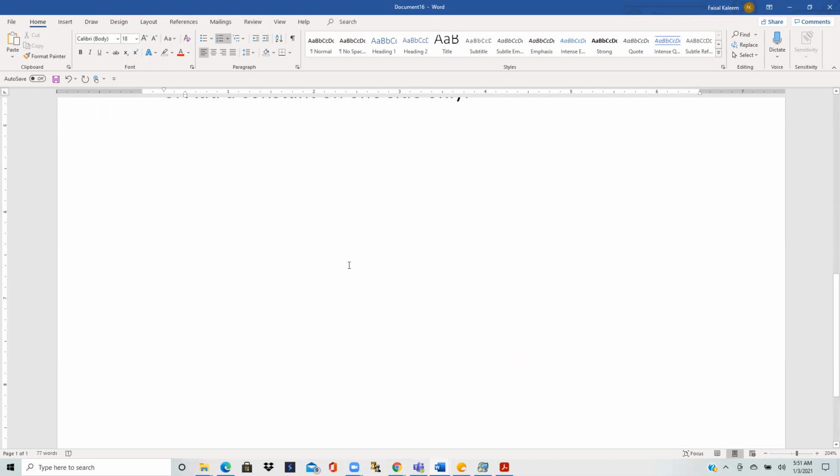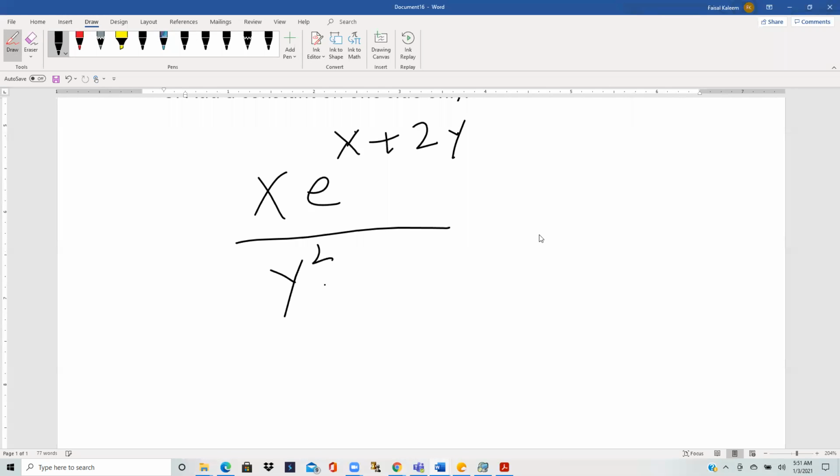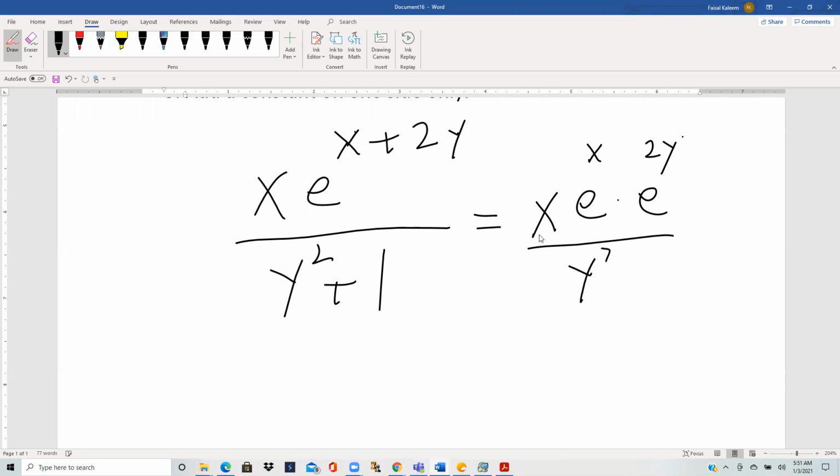x e power x plus 2y over y squared plus 1. Now here, if we break up this exponential like this, e power x times e power 2y, which we can do, over y squared plus 1.